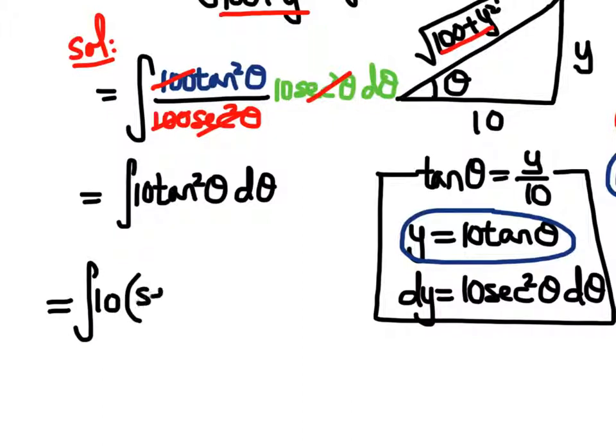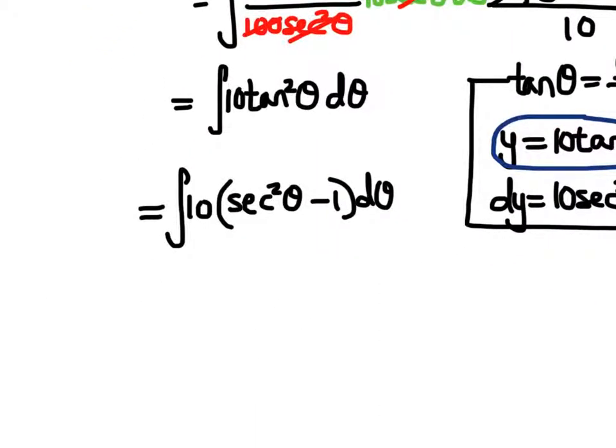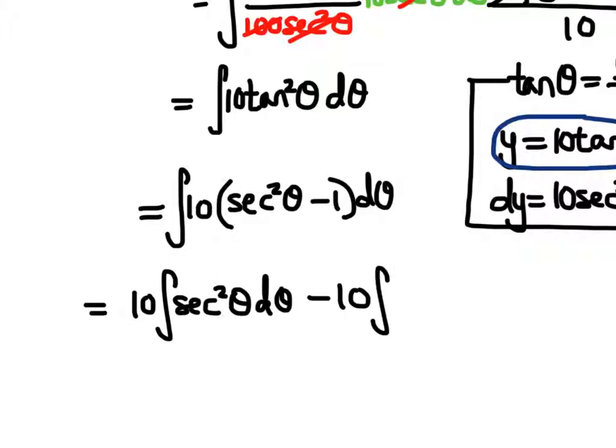We know tan squared is equal to secant squared of theta minus 1, all with respect to theta. Now we're going to split this integral into two pieces: 10 times the integral of secant squared theta with respect to theta, minus 10 times the integral of 1 with respect to theta.